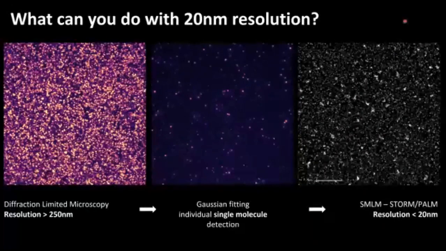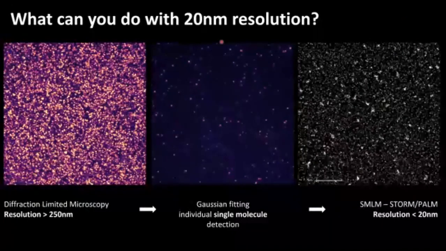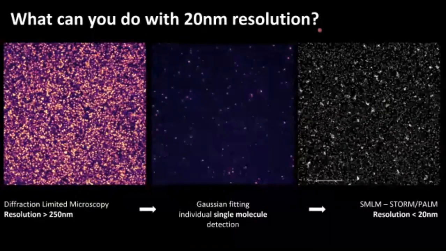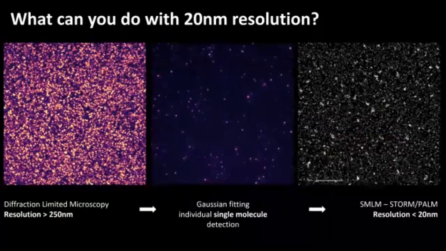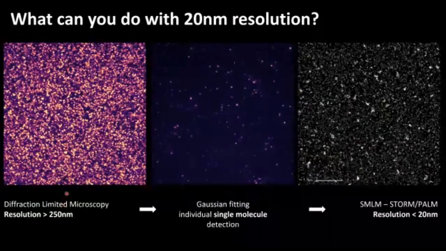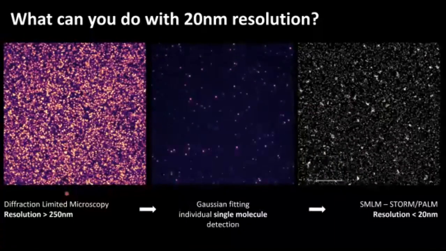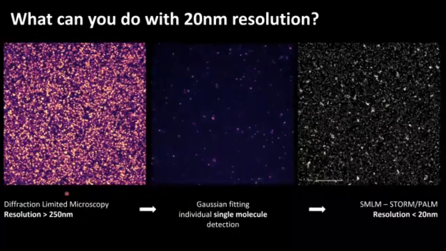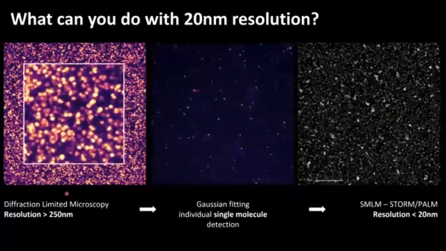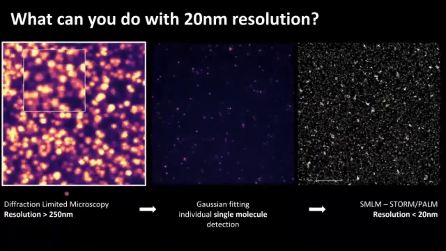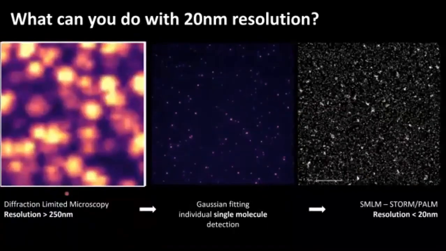Now we go back to our extracellular vesicle example. We can ask, what can we do with 20 nanometer resolution? With diffraction limited microscopy, the resolution is greater than 250 nanometers. And if we use TIRF imaging, we can see that there are extracellular vesicles there, but we can't characterize them very well.